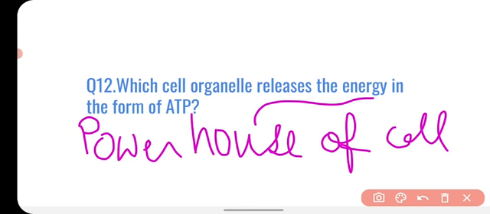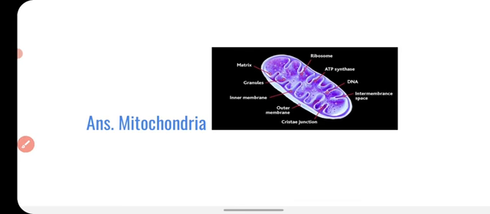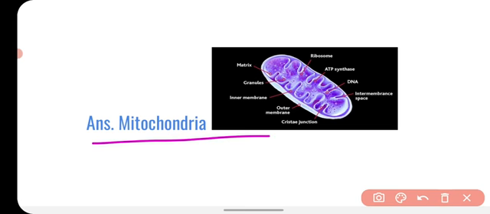Because it generates energy in the form of ATP, that organelle is called the powerhouse of the cell. So this is mitochondria. It looks like that, and the mitochondria are known as the powerhouse of the cell, and they produce energy in the form of ATP, adenosine triphosphate.